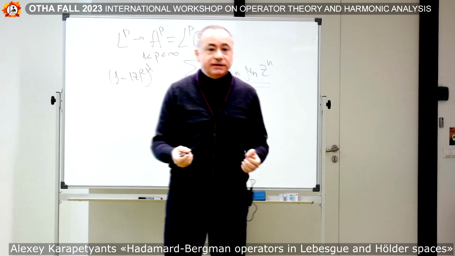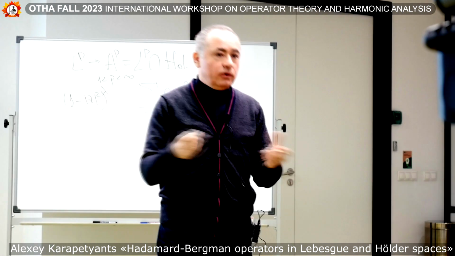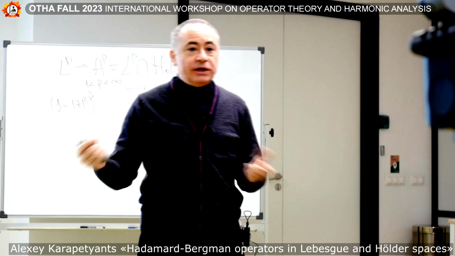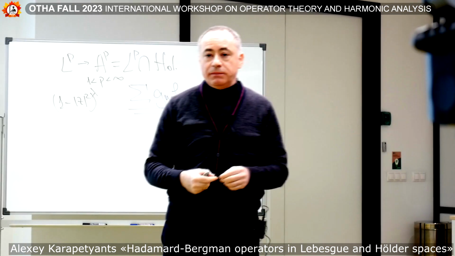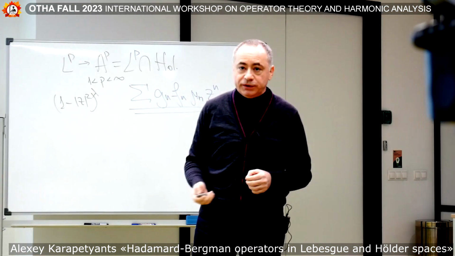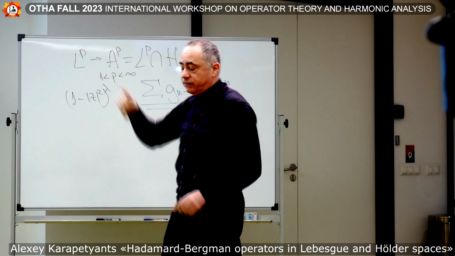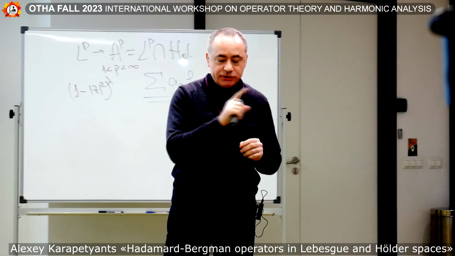You can think that, okay, we know almost everything, we know much about multipliers, about Taylor multipliers, about operators given by multipliers. So what's the point of studying this operator? But I am speaking about only the case when g and f are holomorphic functions. Otherwise, it's not true.